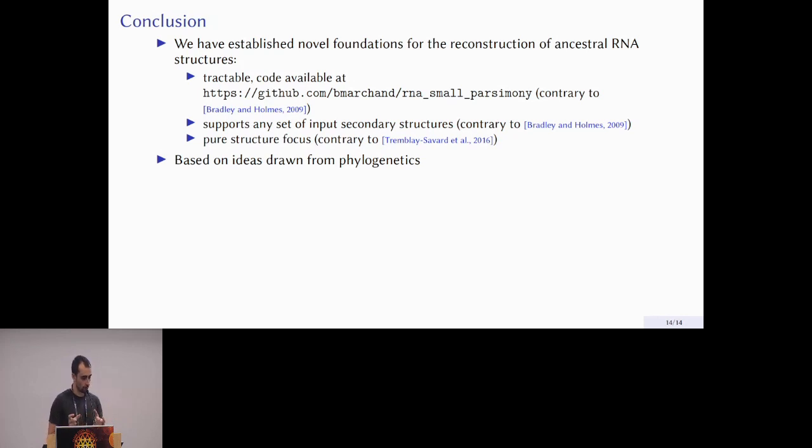You can put at the leaves any set of secondary structures. And it's really a pure structure focus compared to the literature, which is more focused on sequences. And of course, it's based on ideas drawn from phylogenetics, for instance, Fitch's algorithm. And it's really a combination of the two, structural RNA bioinformatics and phylogenetics.